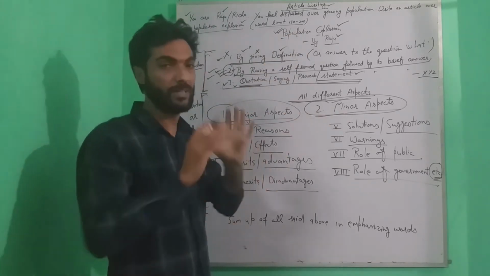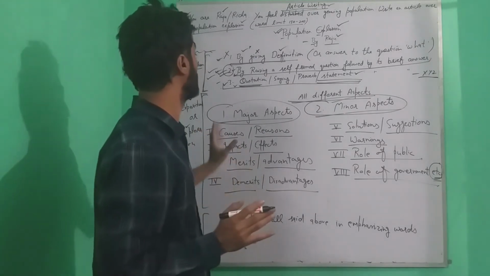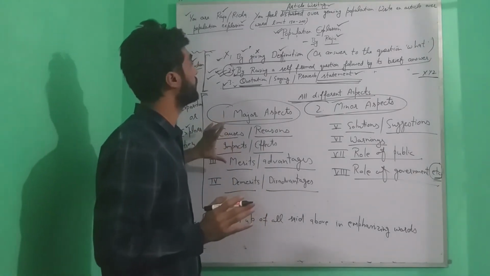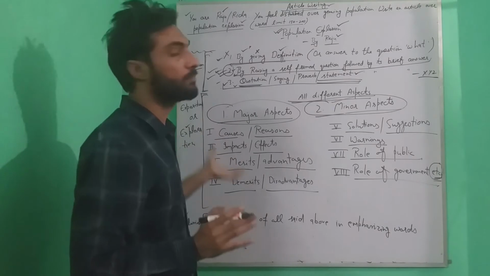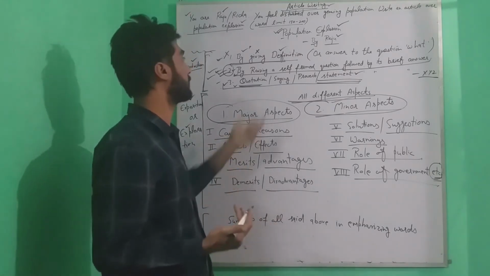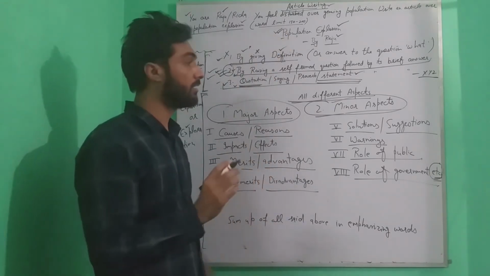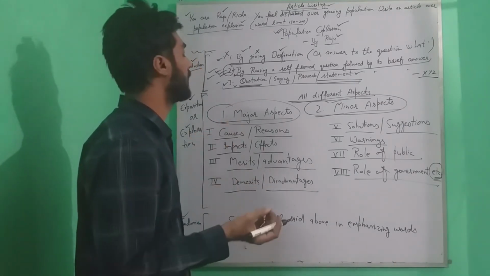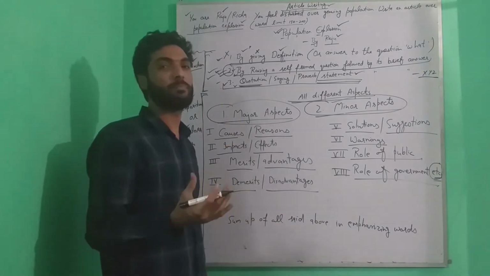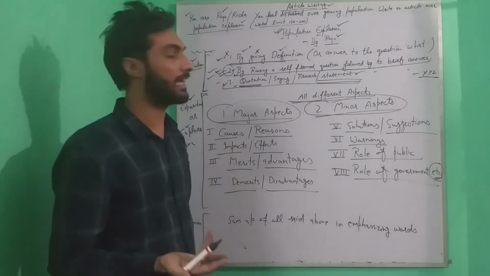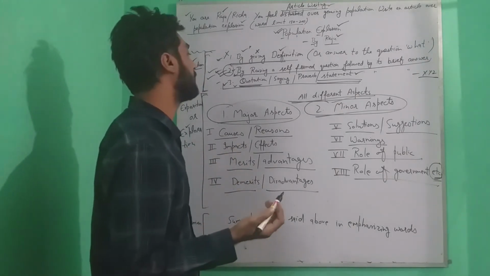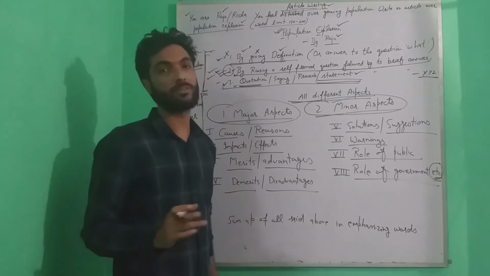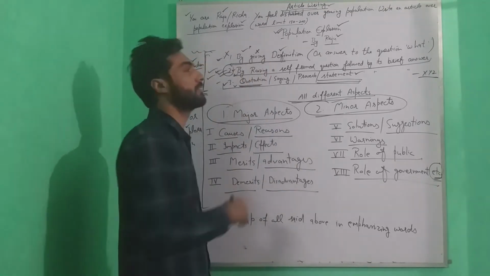There will be a few aspects which will cover most of the content that we will frame around the topic, and there will be other minor aspects of which we shall end up writing one or two lines, and they will make up the minor part of our content around the topic.